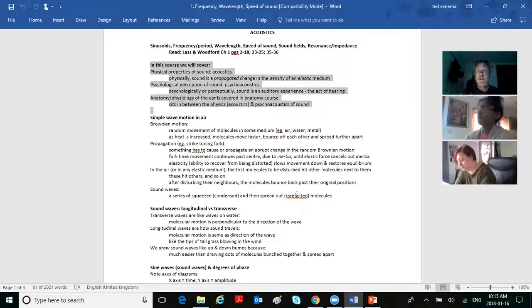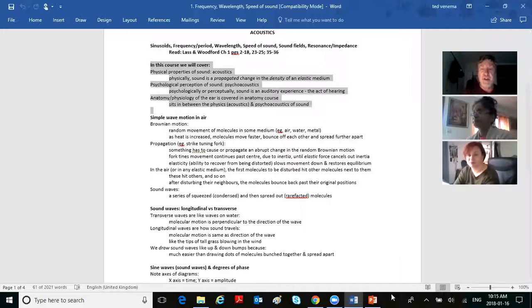Let me ask you a question. If a tree falls in the woods and nobody's there to hear it, is there a sound? You've heard that riddle before. Well, what's the definition of sound? A propagated change in the density of an elastic medium.